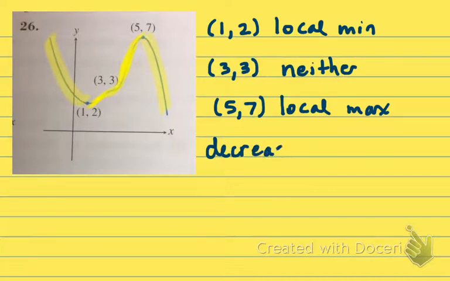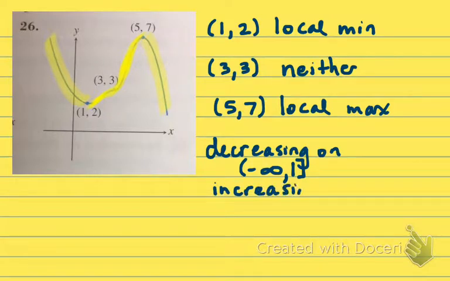So this function is decreasing on negative infinity to 1, based on this picture, and then it increases after that, so we'll list that possibility below it, increasing on the interval from 1, so it's increasing from 1, and it keeps increasing until you get to 5, so that would be on the closed interval 1 to 5.